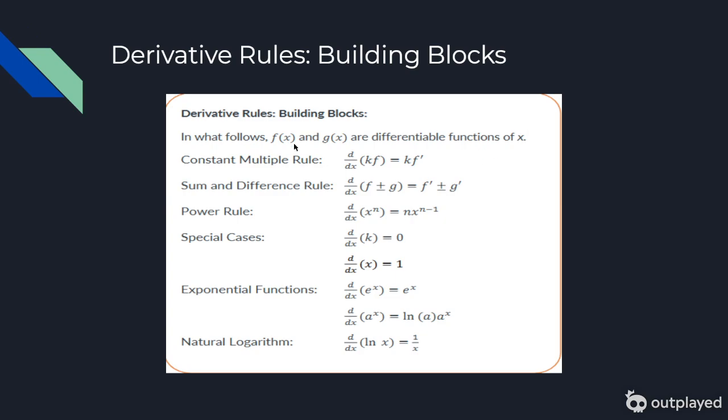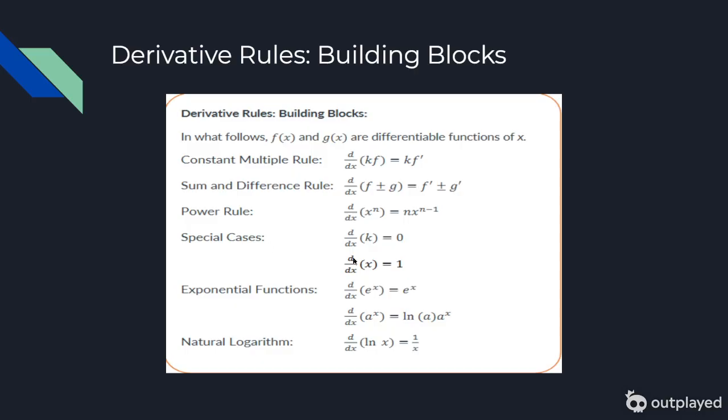This is going to be all the rules we have. The power rule is when an exponent is applied: you multiply the exponent by the main number, and then you subtract 1 from the exponent, and that's going to be your derivative for that one.